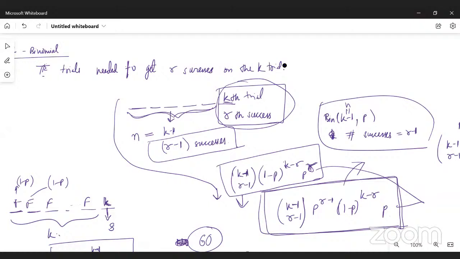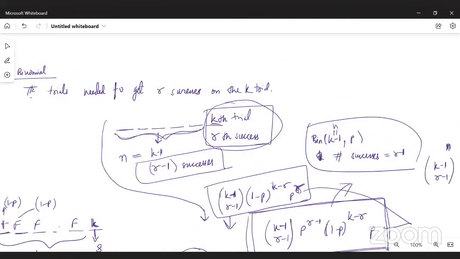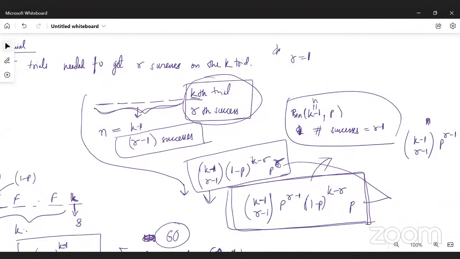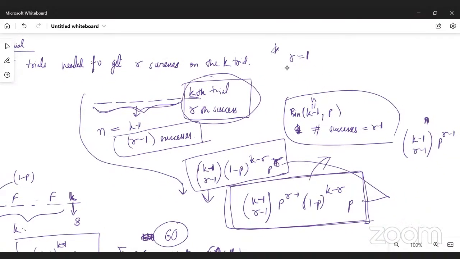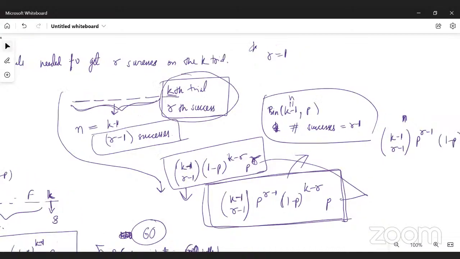Okay. In that case, can we correlate this with geometric distribution? Yes, from here you can go to the geometric distribution. If you put r equal to 1, then it becomes a geometric distribution. Could you explain this one, please?